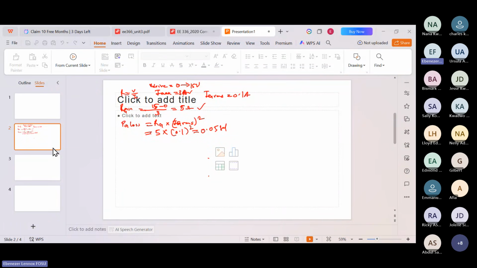So we are told that the capacitor voltage will rise up to the threshold voltage. So the threshold voltage is 5, so it has to rise from 0 up to 5. So this V of t is the 5 volt. So we have everything here to help us with the calculation. So we substitute the value.